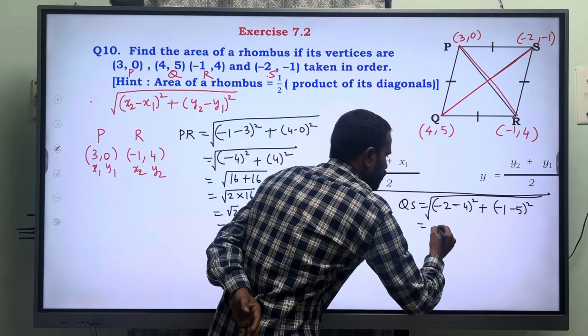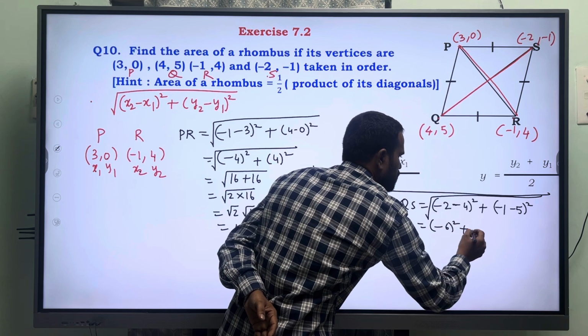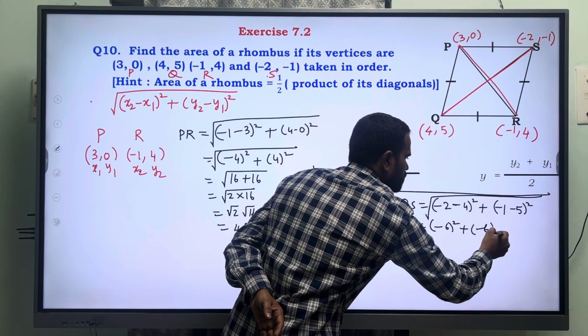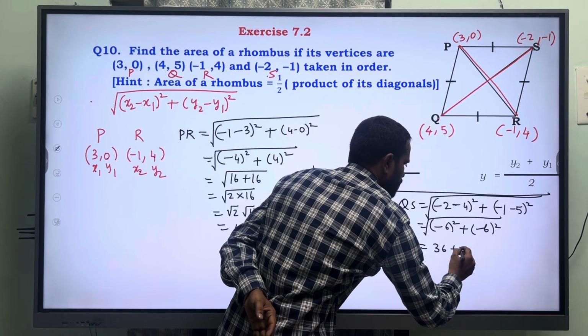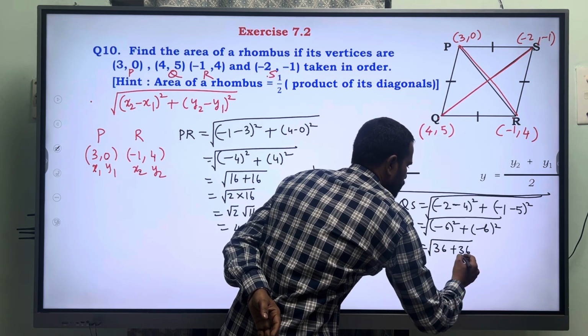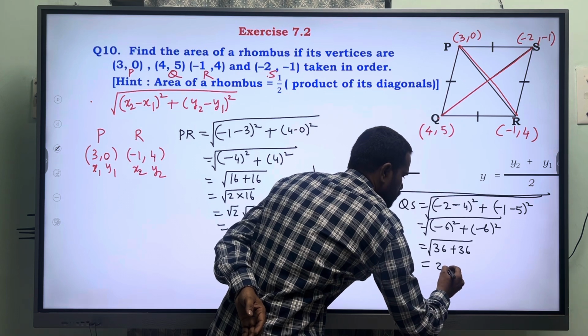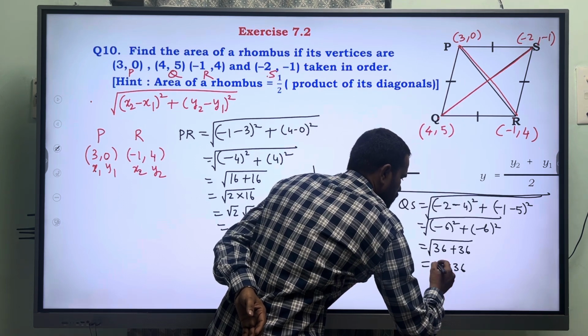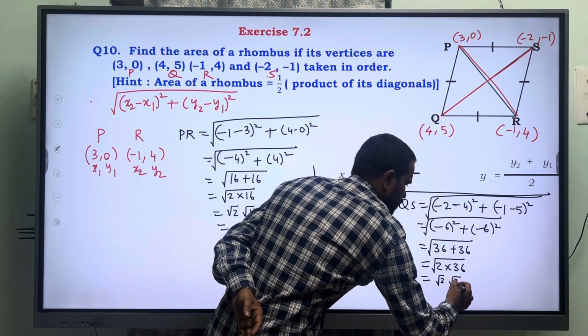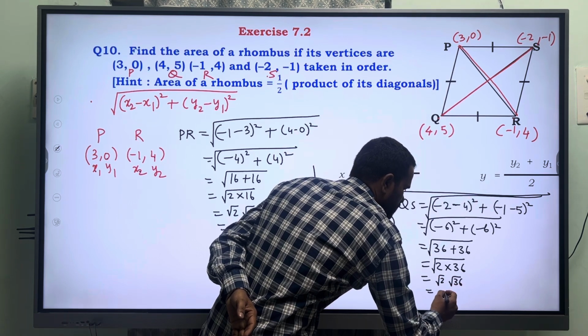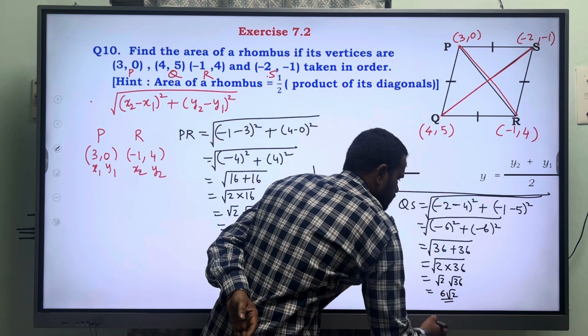So minus 2 minus 4 is minus 6 whole square plus minus 1 minus 5 is minus 6 whole square. So 6 6s are 36 plus 36. So this I can write as 2 into 36. That is equal to root 2 into root 36. So root 36 is 6, so 6 root 2 units.